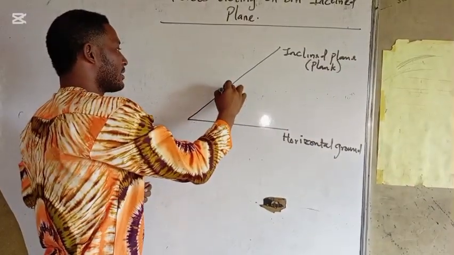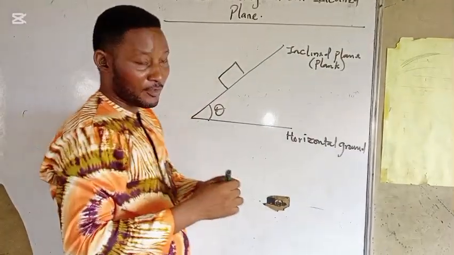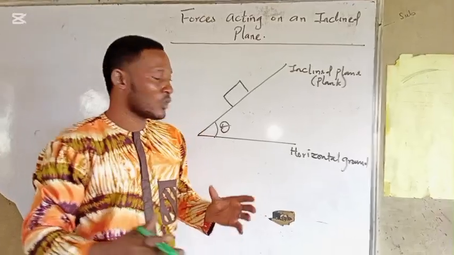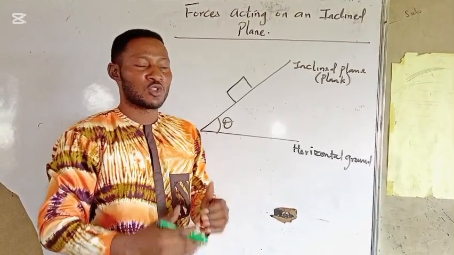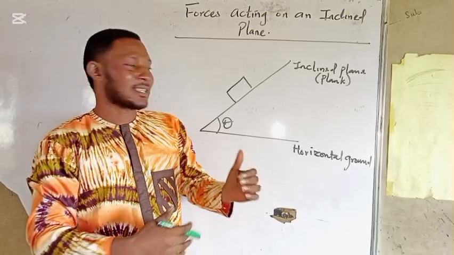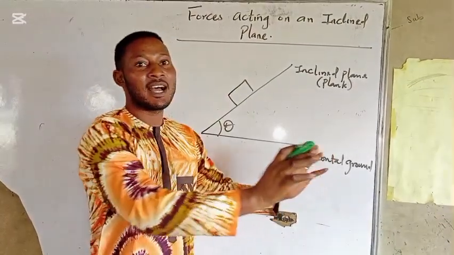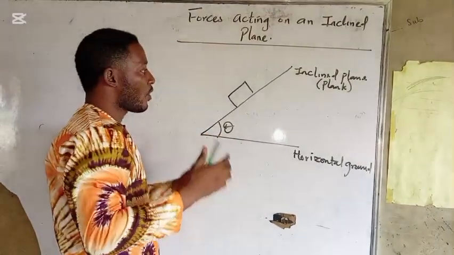If you have a body placed on this inclined plane, for instance a big cylinder filled with gas which you want to lift into a vehicle, it will be reasonable to place a plank at an angle to the horizontal so as to move the cylinder up the plane. That will make the work easy.